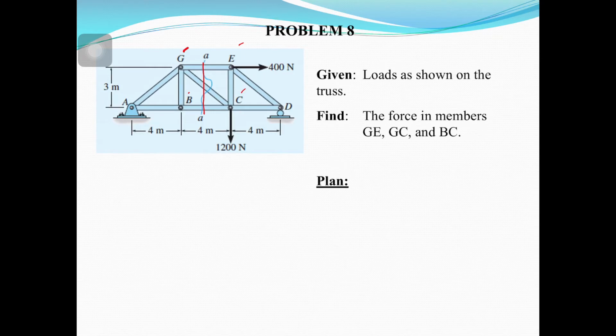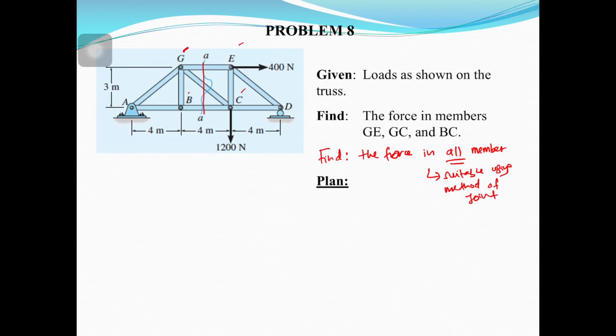Before I go into details, how do we know which method to choose: method of joints or method of sections? If they ask you to find the force in all members, this one is suitable for the method of joints, like we learned before.